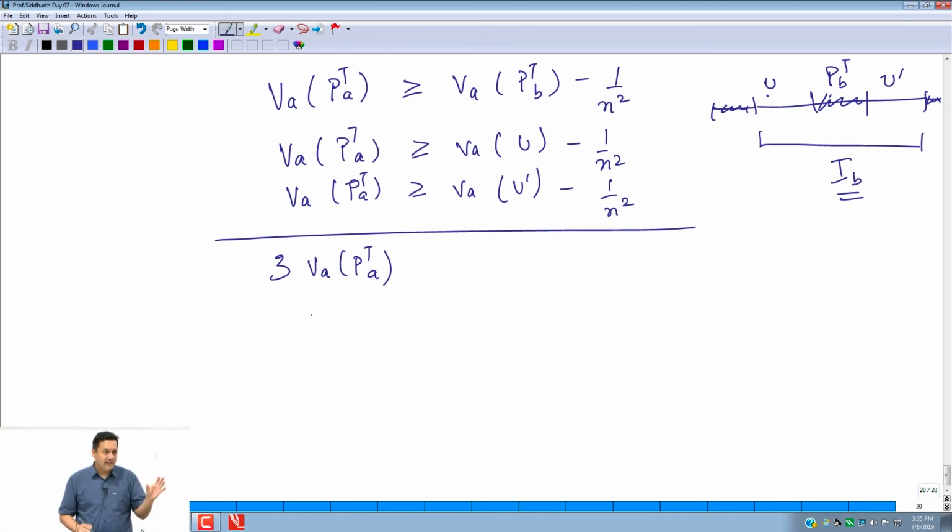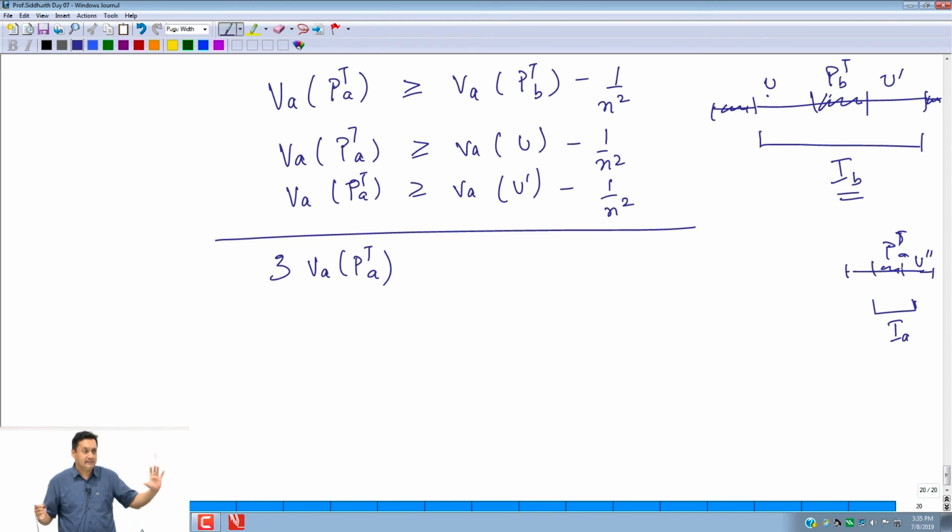Note that IA is sitting somewhere, PT of A is sitting somewhere. IA was at least this much, right? It might have actually taken with it one or two of the adjacent intervals, but IA is at least this partial allocation. So 3 times VA of the returned allocation IA is at least this much.